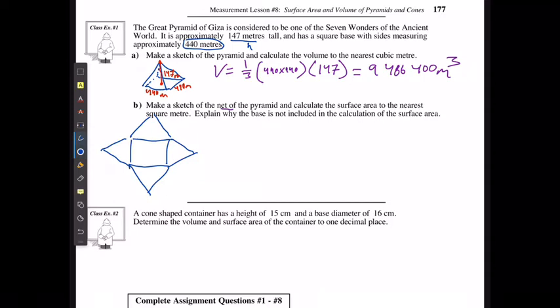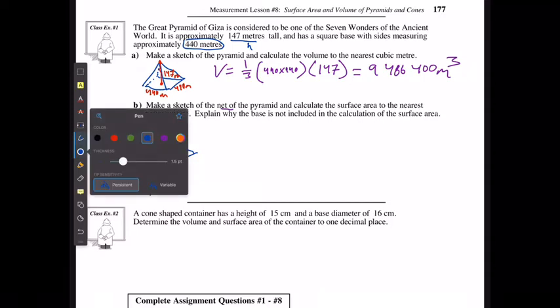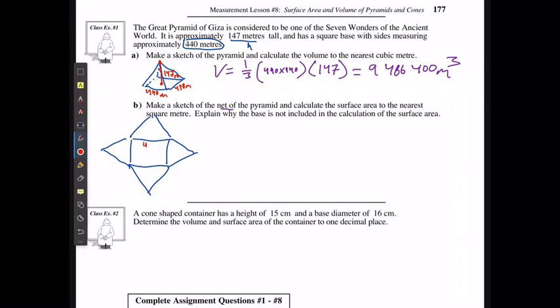I know that this is 440 and this is 440.